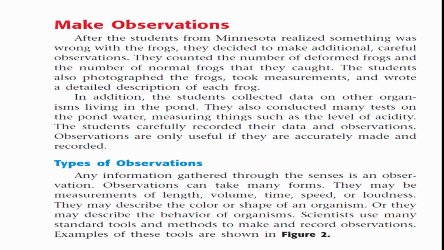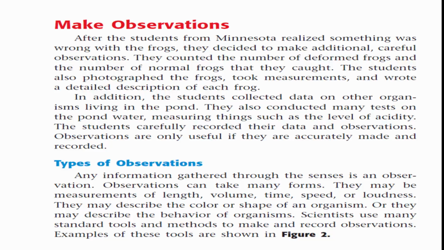Make observations. After the students from Minnesota realized something was wrong with the frogs, they decided to make additional, careful observations. They counted the number of deformed frogs and the number of normal frogs that they caught. The students also photographed the frogs, took measurements, and wrote a detailed description of each frog.